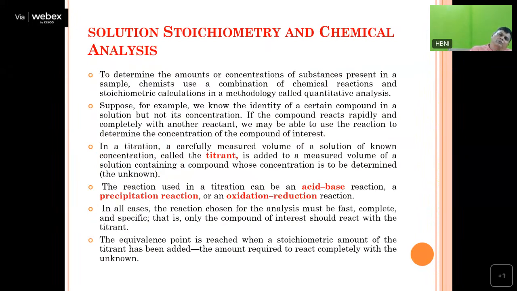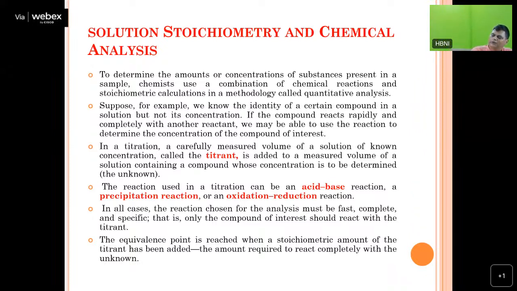Then these next few PowerPoint slides are just giving a glimpse of the chemistry which you might have read in your 10th and 12th class, that is solution stoichiometry and chemical reactions. Whenever there is a chemical reaction, you must know it involves a reactant and a product.